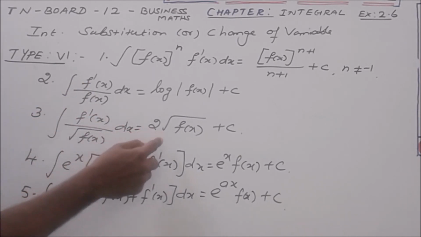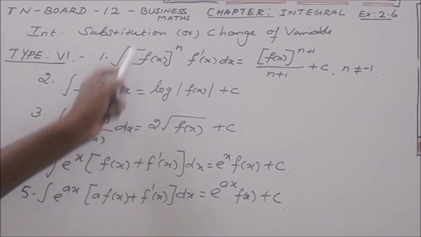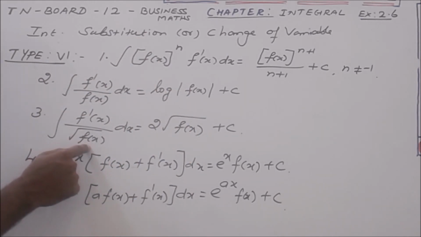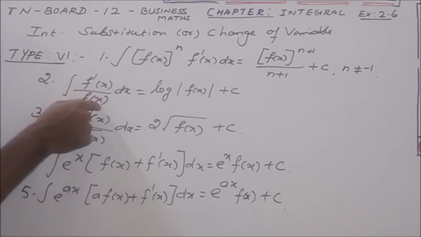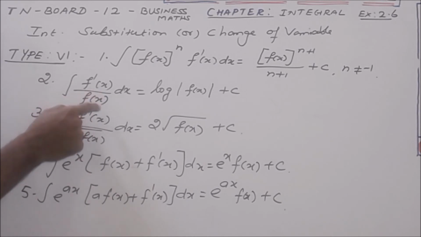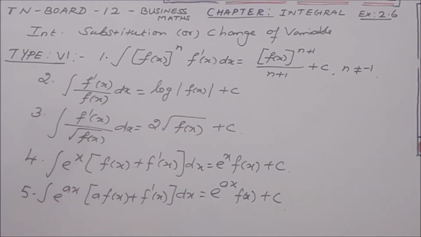Then we can go with the formula 2 times the root of the denominator. That's all. In the second, a function in the denominator and its derivative in the numerator, we go log of modulus of the function. Here the function within the square root is in the denominator, and its derivative appears in the numerator. The function's derivative, not root of f. We can go with the formula 2 times root of the function plus c.